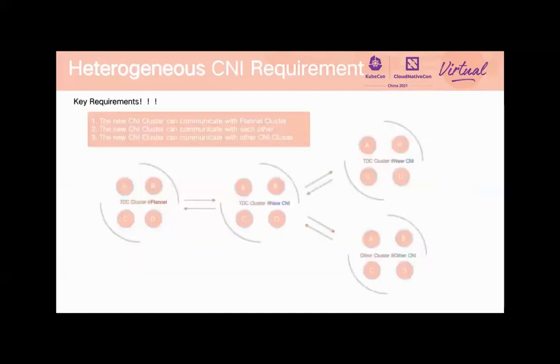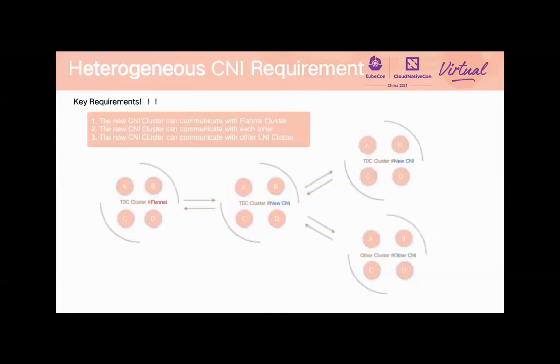The most important thing is that the new CNI needs to have the expansion capability of heterogeneous CNI communication. Point one, some custom clusters won't be upgraded for some reason, but there are requirements for cross-cluster communication, so we require the new CNI to communicate with Flannel.